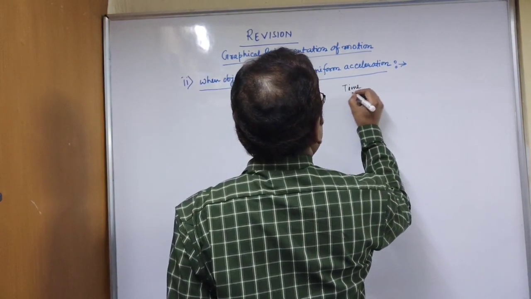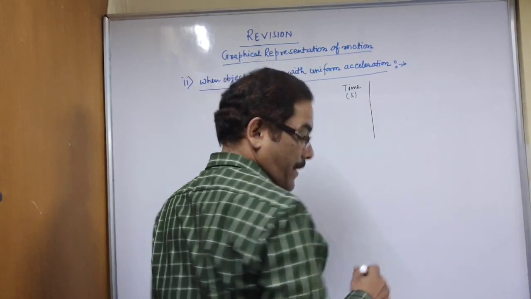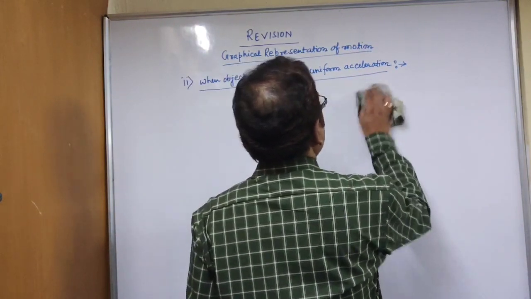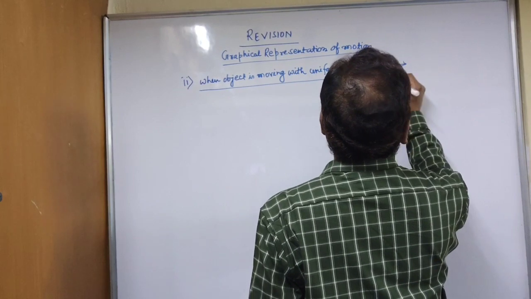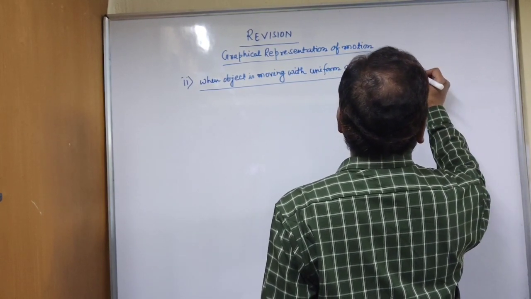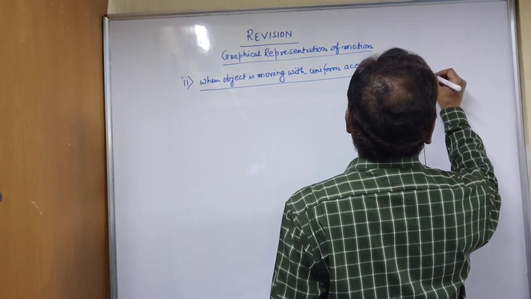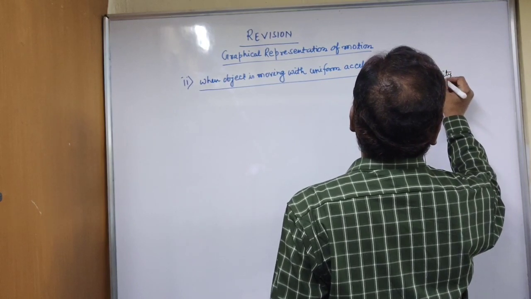Time is given in seconds. So draw the table on the extreme right side. This is time in seconds, and then we have velocity in meter per second.